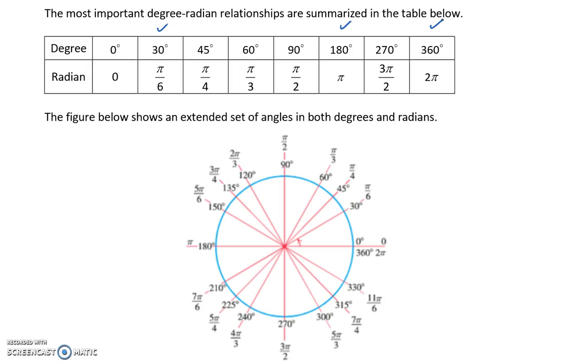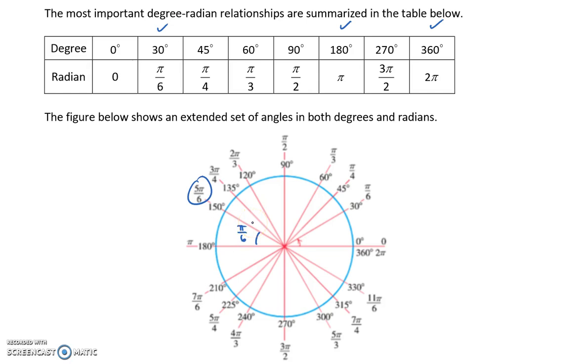For example, 150 degrees, which has a radian measure of 5 pi over 6, is associated with an angle of 30 degrees. And 30 degrees is pi over 6 radians.